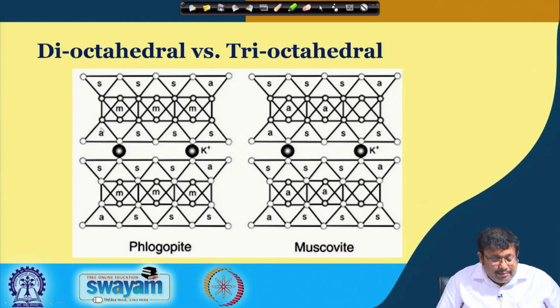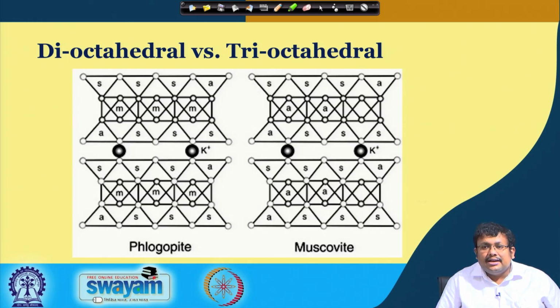So, this is an example of a trioctahedral structure and this is an example of a dioctahedral structure. Now, you can see this is a tetrahedral sheet, this is another silica tetrahedral sheet, and this is an octahedral sheet sandwiched in between. So, the octahedral sheet has 3 octahedral positions, 1, 2, 3. Here you can see 1, 2, 3. So, if all the octahedral positions are filled by cations, then it is called the trioctahedral structure.